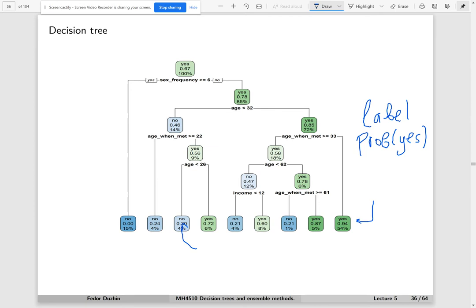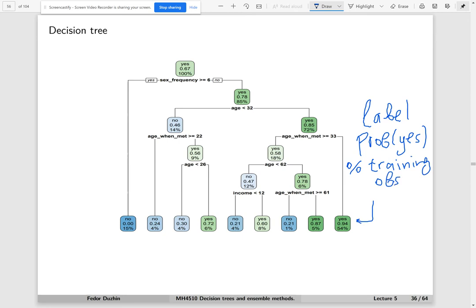But if the probability of no were 0.3, then the predicted label would be yes, not no. So this is how I know that it's always the probability of yes. And the third number here is the fraction of training observations that belong to that decision region, so this is the percentage of training observations.